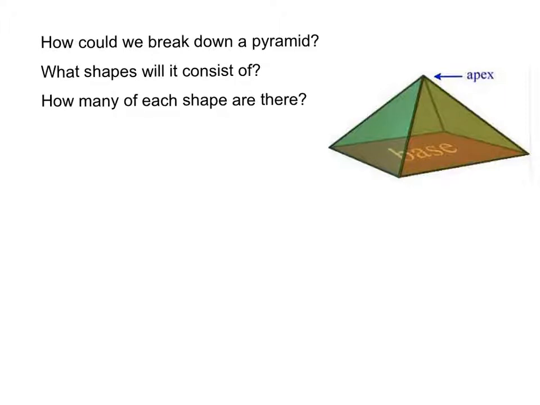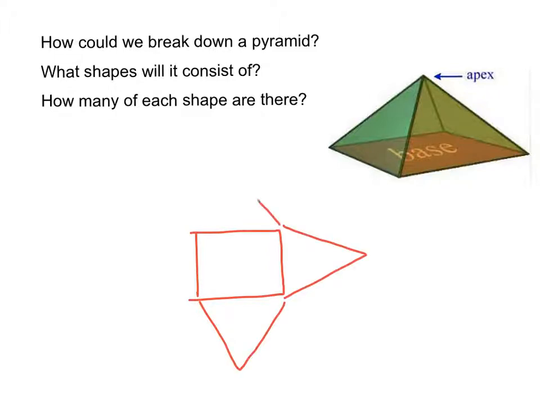So, if we were going to break down our pyramid, I see our base, and that's where I'm going to start. I'm going to take the base of our pyramid and pretend I opened it up. I'm going to peel back those triangular sides, one by one. And that is our flattened out pyramid. And so what shapes do we have?